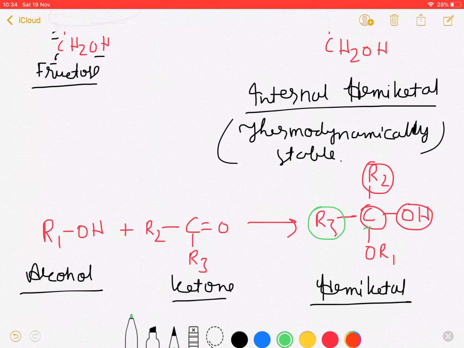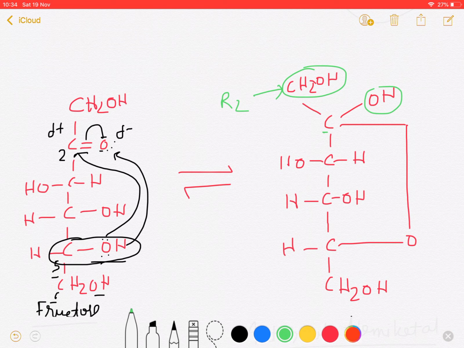R3 is connected to the central carbon over here. So you can say this carbon chain is R3, the carbon chain with the connected H and OH.